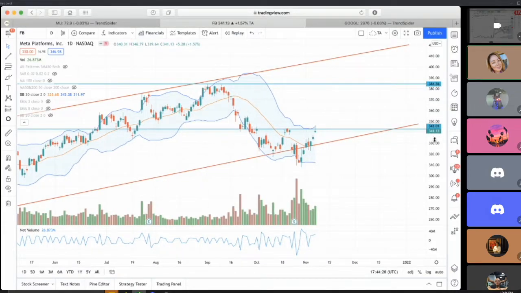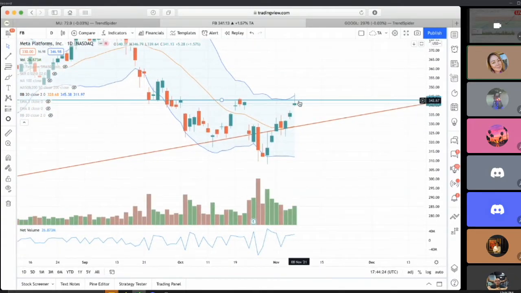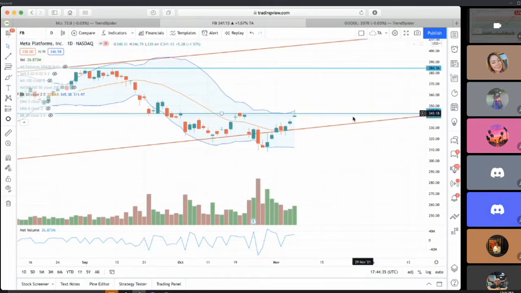There's a little bit of a sell-off last Friday. So traders are looking at the 342, 345 level as a hard level. So if Facebook can break this, then it can potentially go to the 387. But if not, we have a support at 325.